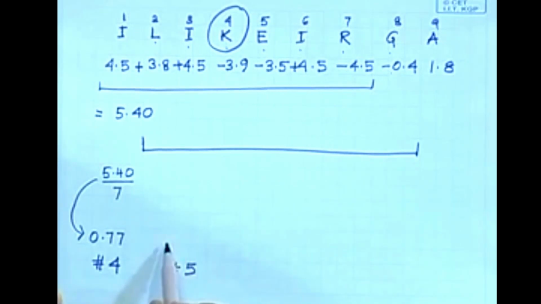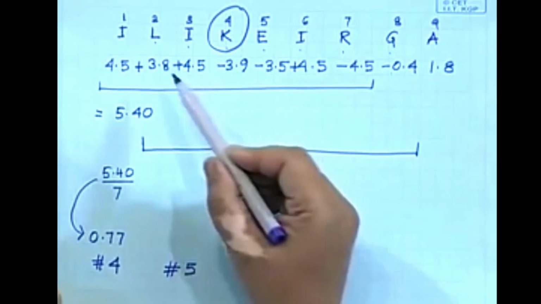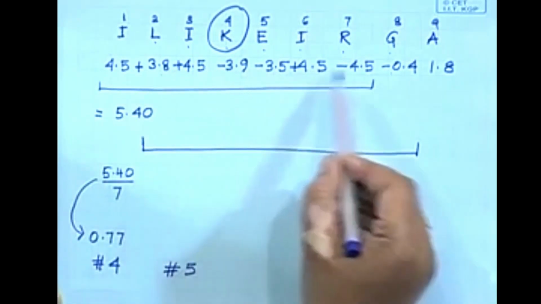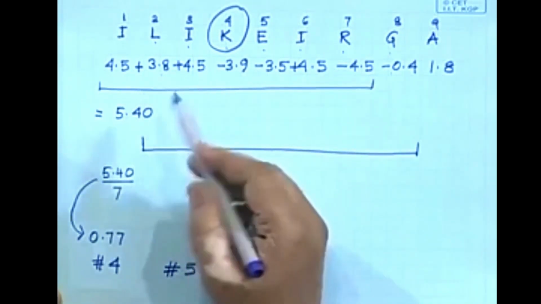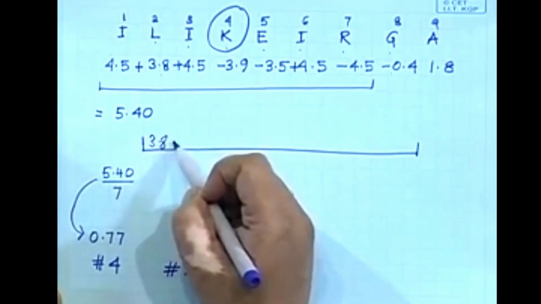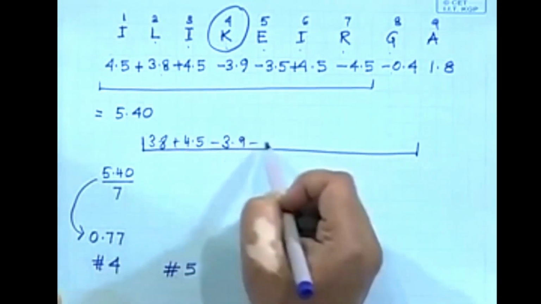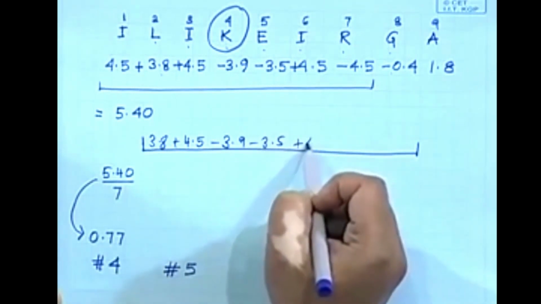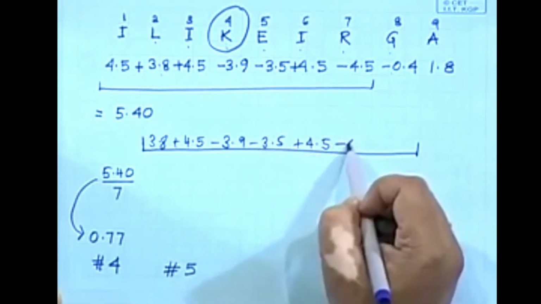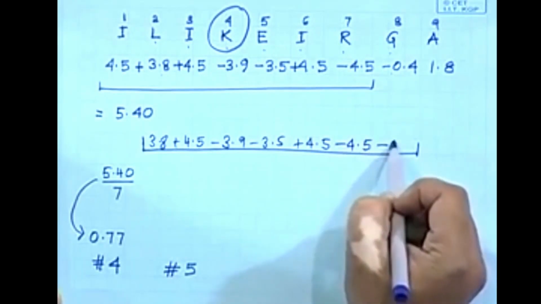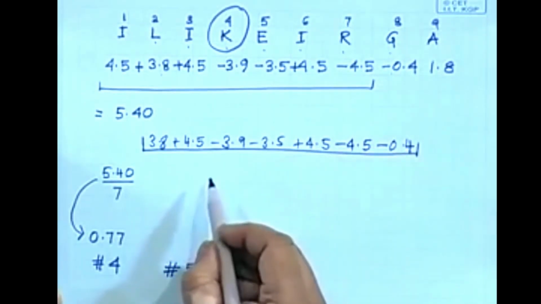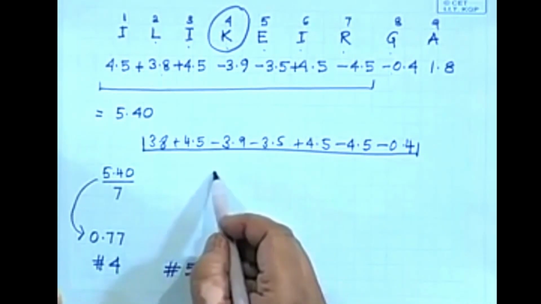I will have a specific value here. So if I add all these values together from 2, that's 3.8 plus 4.5 minus 3.9 minus 3.5 plus 4.5 minus 4.5 minus 0.4, I am going to get 0.